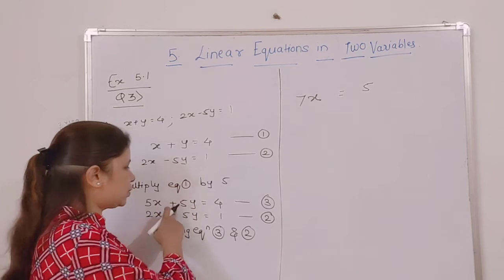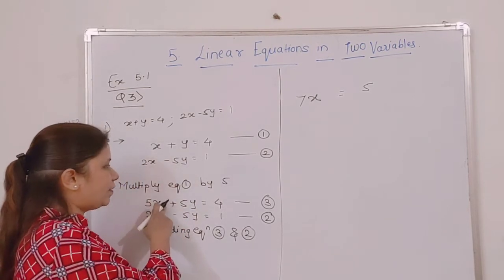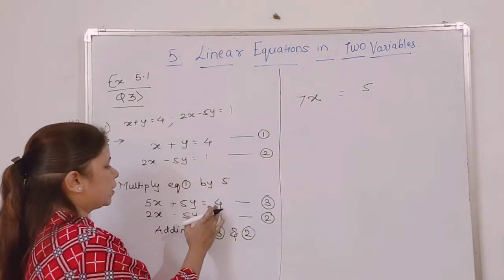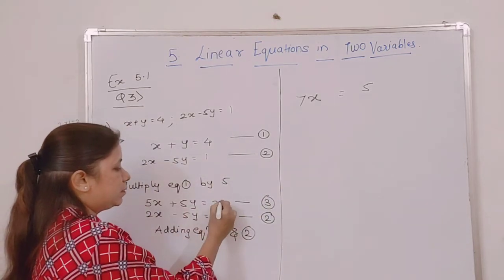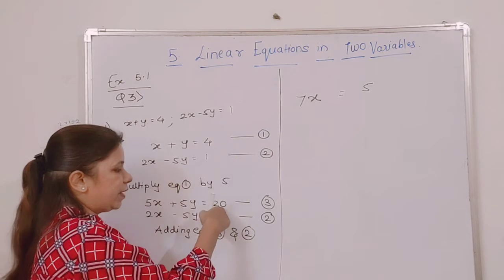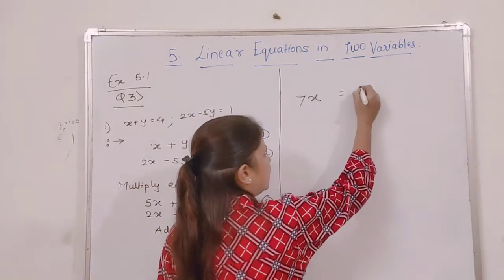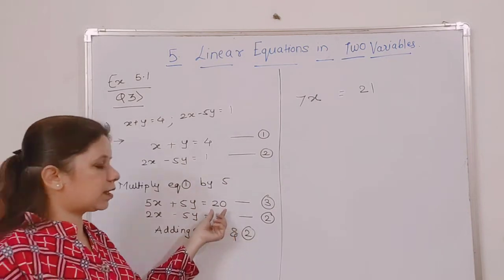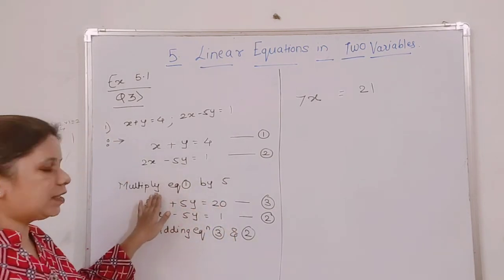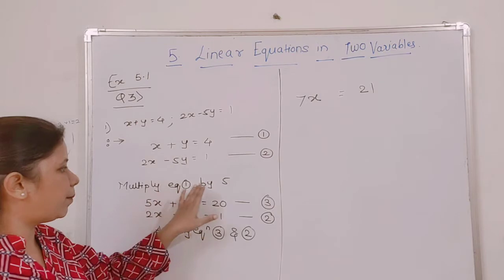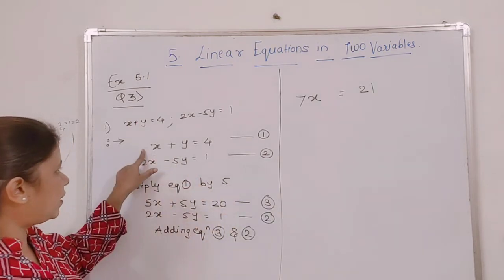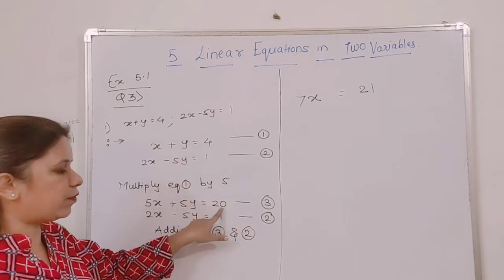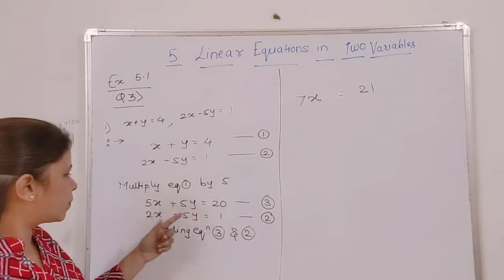So adding equations 3 and 2, 5x plus 2x is 7x is equal to, this is 20 because we have to multiply it by 5. 20 plus 1 will give you 21. Okay, just make the correction there. When we multiply equation 1 by 5, 5x plus 5y equal to 4 into 5, it is 20.